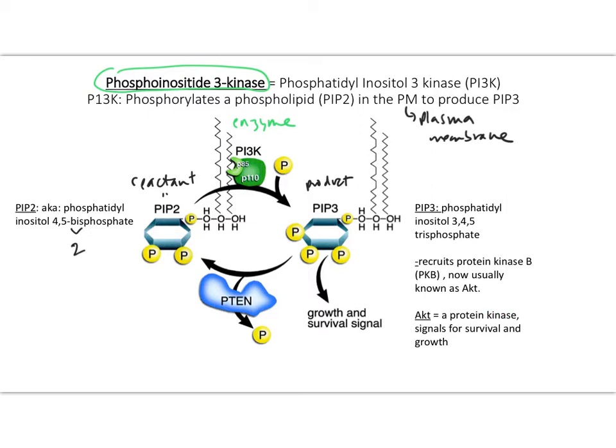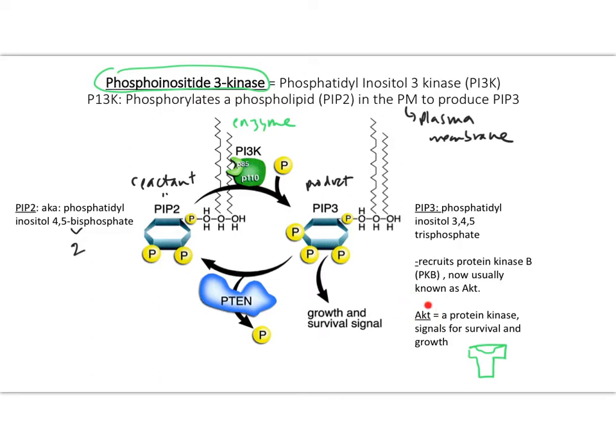On the next slide, you're going to see more about this AKT protein kinase, and it's a green blob. It kind of looks like this. It's a green blob, and I'm just going to draw it kind of like this, although it's got a little bit more of a squirrely kind of thing here on the top. Fun fact for you, this name AKT actually comes from a viral gene.